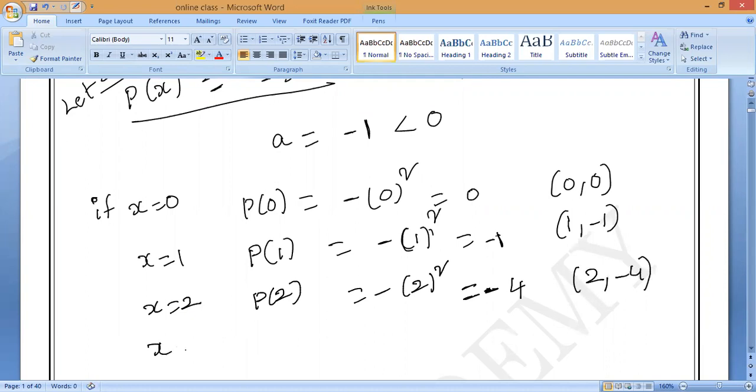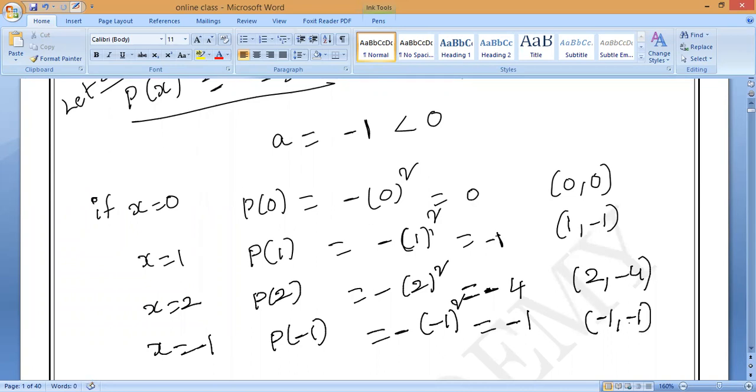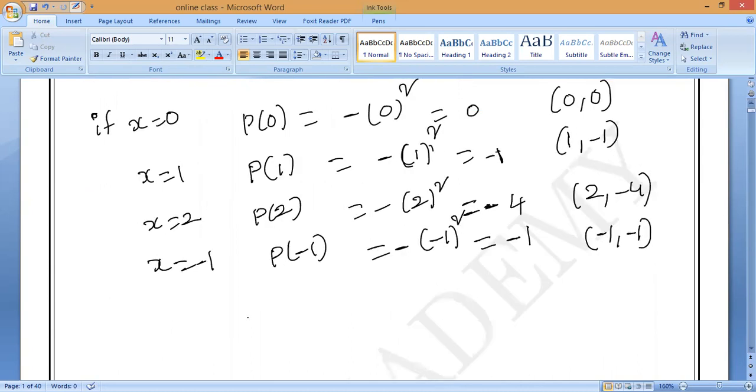If x equals minus 1, minus of minus 1 whole square, minus 1 whole square is plus 1. It is minus 1. So point is minus 1 comma minus 1. If x equals minus 2, what is the value?